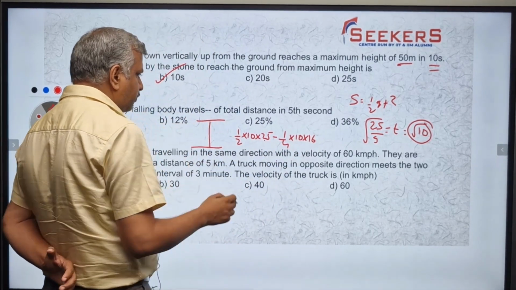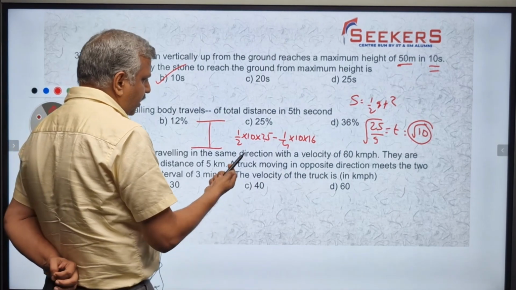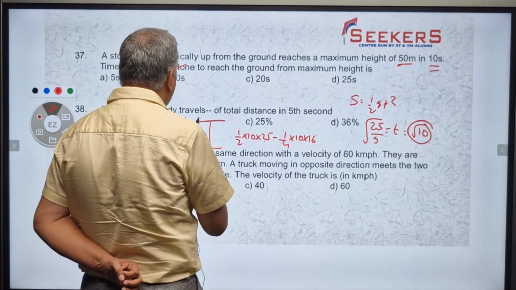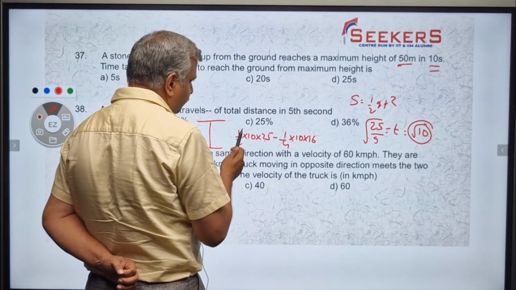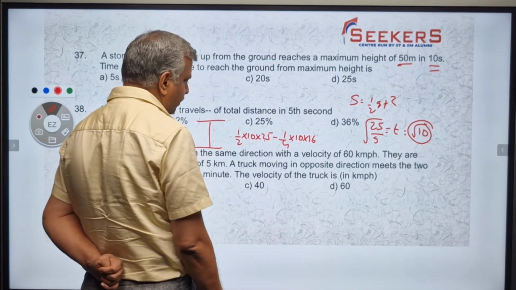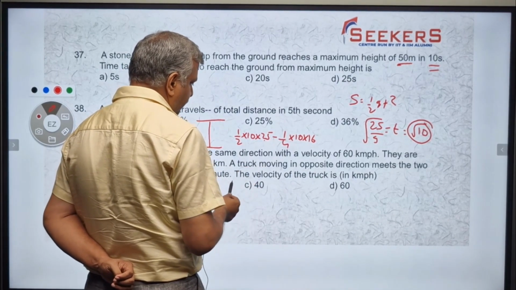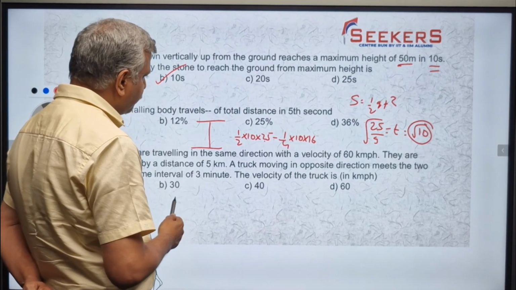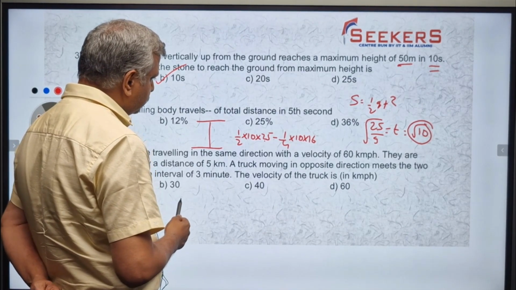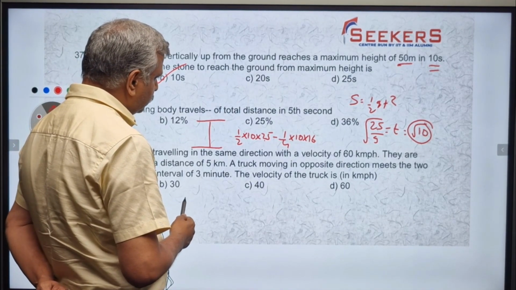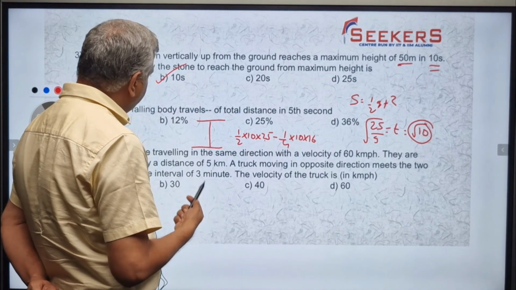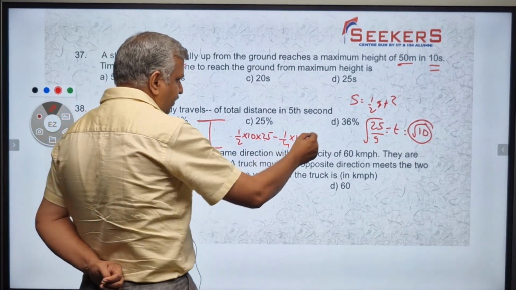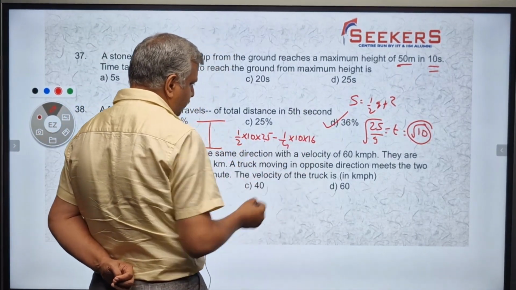So they are asking me, a freely falling body travels dash percentage of the total distance in the 5th second. The answer has to be a multiple of 9. I see only this number is a multiple of 9, so I'll just stick to that.